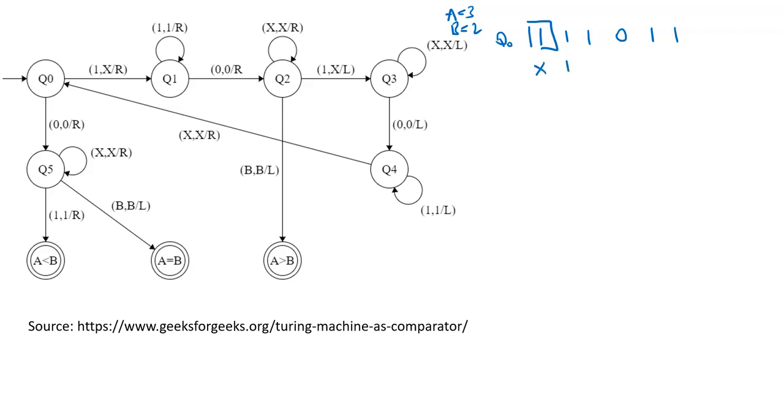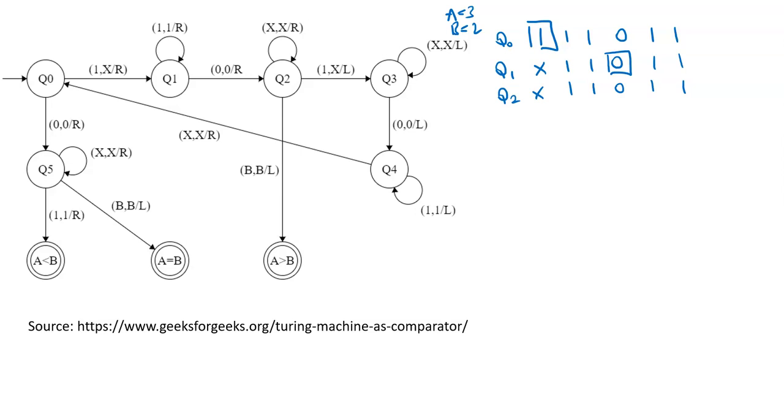So we turn that 1 into an X, we move to the right, putting us in Q1. Now see we've got this loop above Q1, means we keep moving right until we hit 0. So you have to keep writing out every single line. We hit 0 here. We still move, but then that's going to put us in state 2. 1, 1, 0, 1, 1.